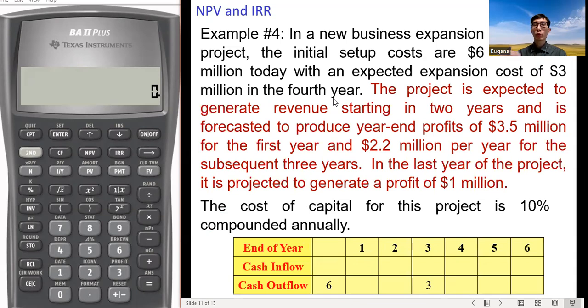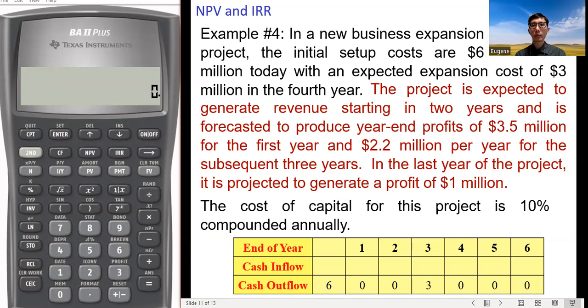This cost should be made at the beginning of the 4th year, the same time point as by the end of year 3. So this $3 million corresponds to the end of year 3 time point. And then no more cost or investment by the end of other years.